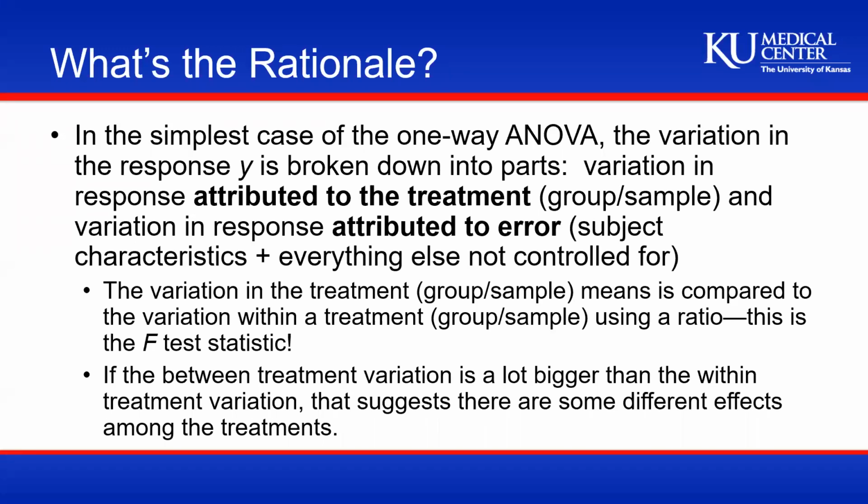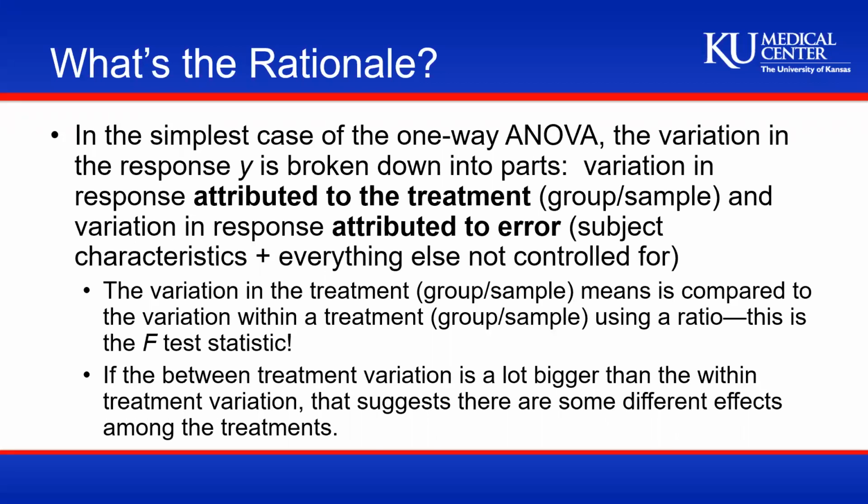So we have some variation that's attributed to what treatment the patient actually received. And then we have the other variation that we just attribute to error. And then we take those sources of variation and we make a ratio out of them. And then just like with the t and the chi-square, if the ratio is large, there's a lot more variation among outcomes for patients that were treated differently than there are for patients who were treated the same.